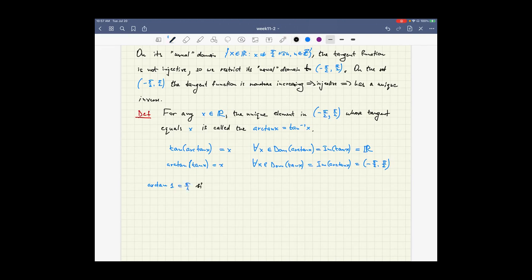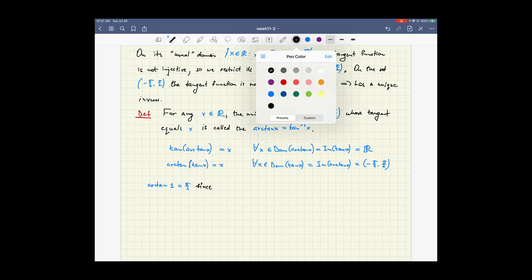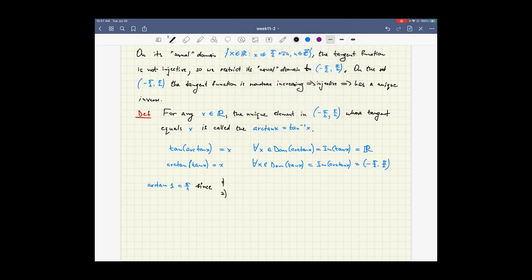Again, we check two things: that tangent of pi over 4 equals 1, and that pi over 4 belongs to the interval negative pi over 2, pi over 2, both of which are true.